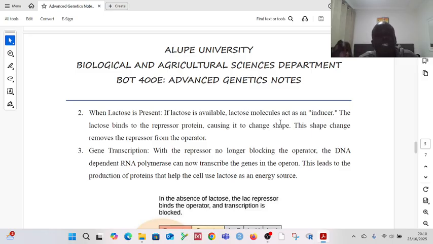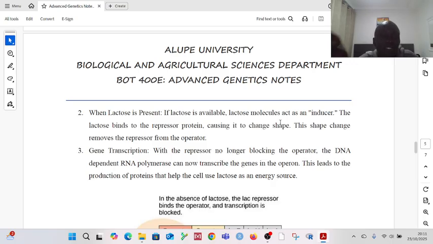Remember, what makes the lac operon off is that a repressor is bound to the operator region. But once there is an inducer, which is lactose in this case, the lactose binds to the repressor protein, which is already bound to the operator.